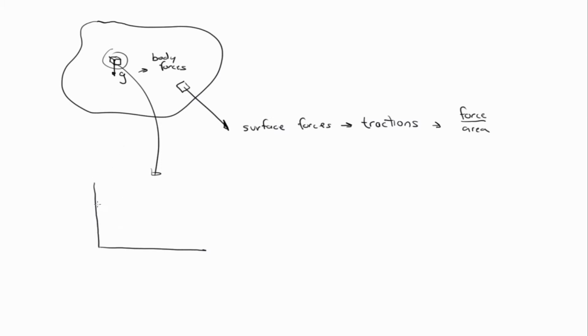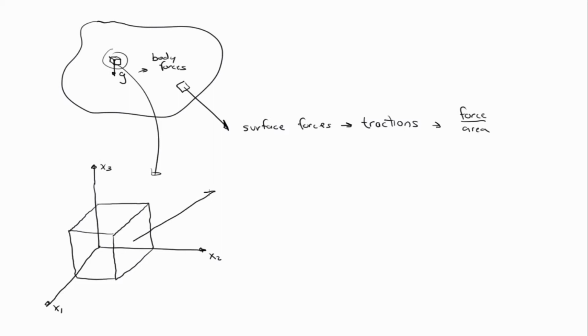And so we're going to take our little infinitesimal cube and stick it on a coordinate axis: X1, X2, X3. And on every face, we're going to consider a traction.